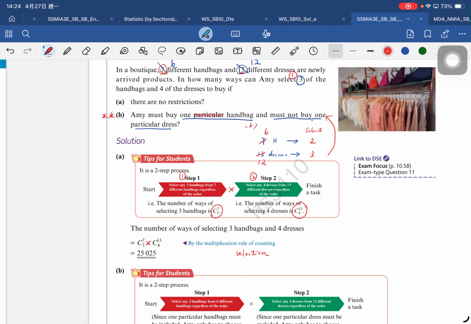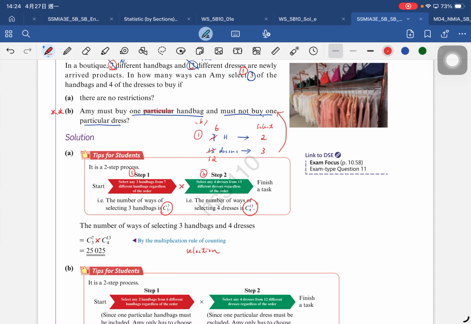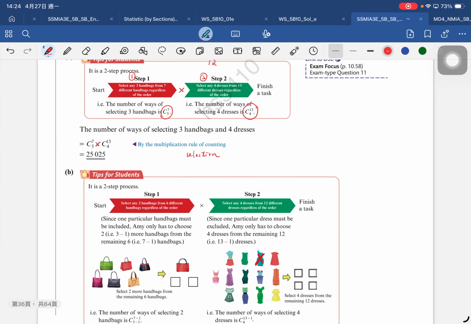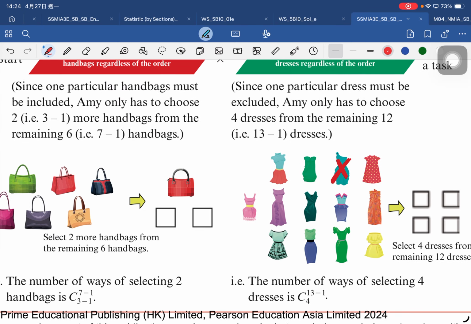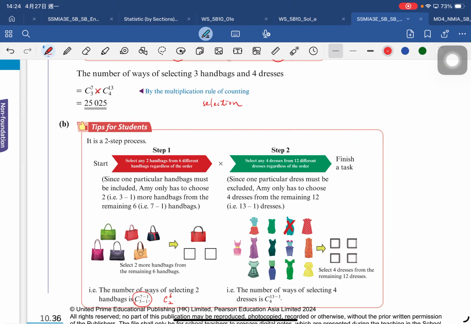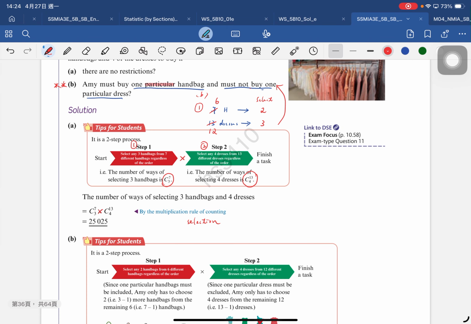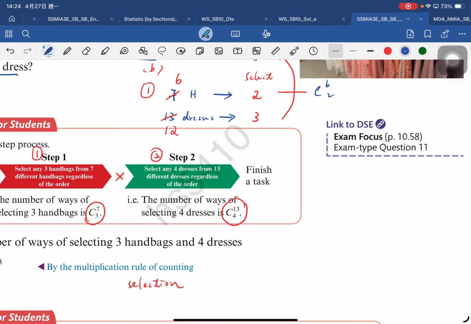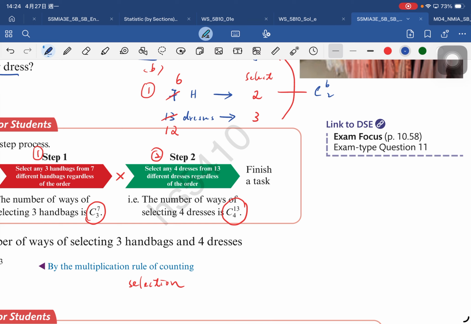So now in this case, step 1: I select handbags, and she needs to select 2 handbags out of 6, so that is 6C2 for the first step. And then she selects 3 dresses out of 12.